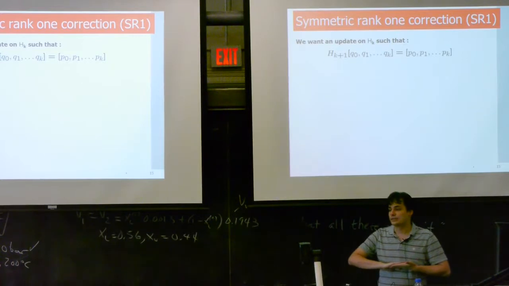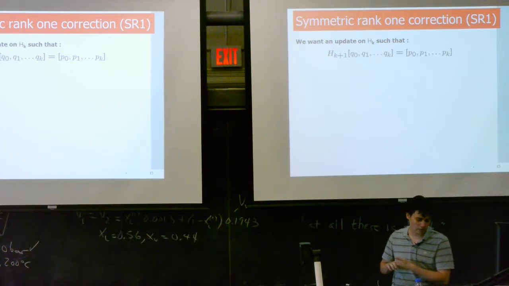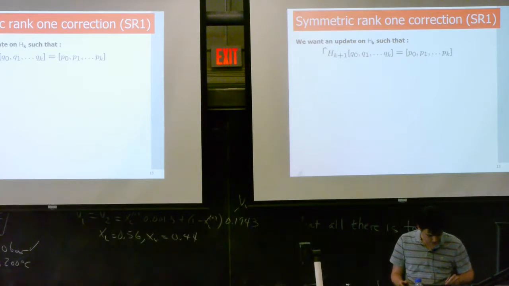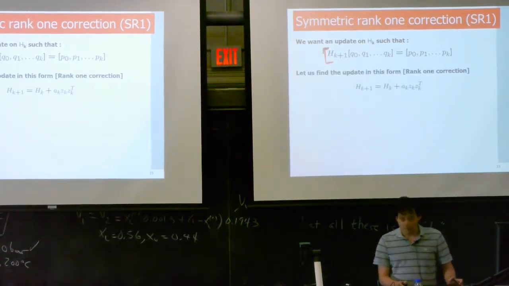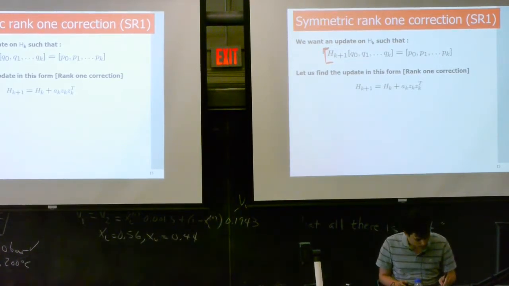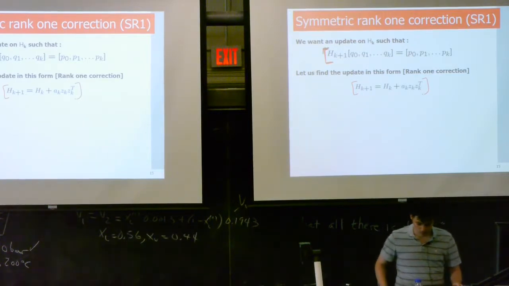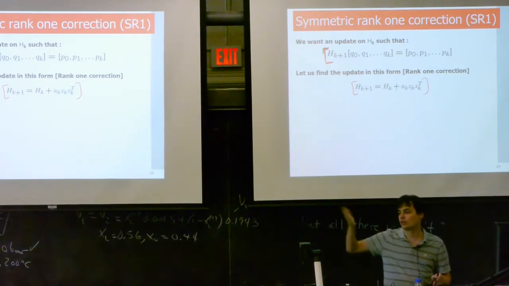So there will be a couple of tricks that will help us to do this estimation. The first and simplest one is the so-called rank 1 correction. So again, we want an estimator that has this property. And what we do is that we will try to construct H_{k+1} in this form, that is H_k plus a rank 1 correction.